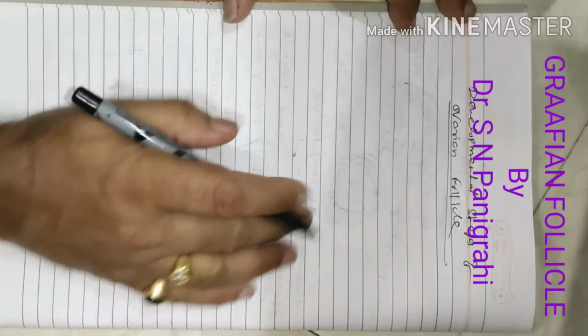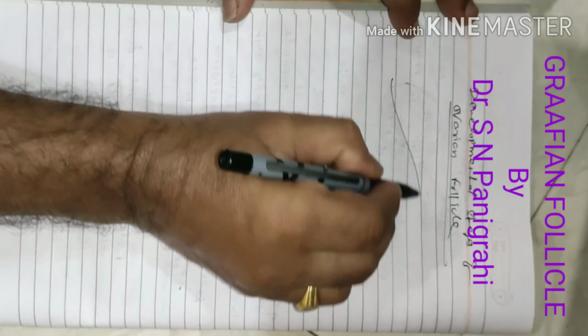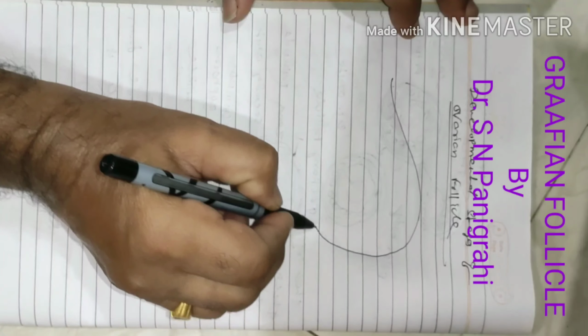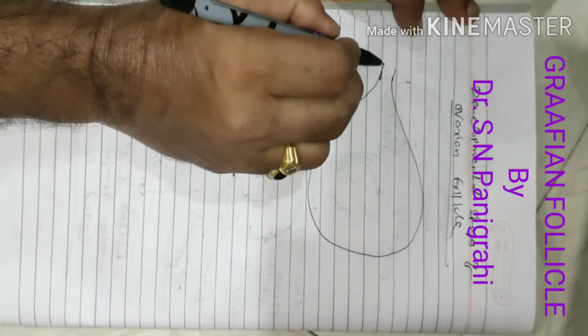In human female, a pair of ovaries is found on either side of the uterus.